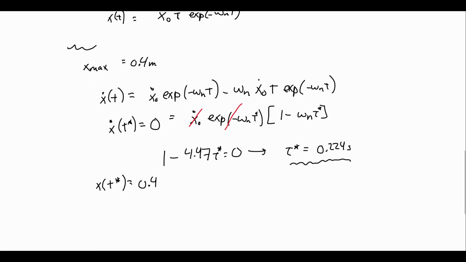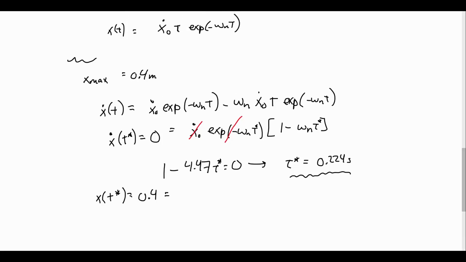And I know from my x of t that that is going to be my x naught dot, which I don't know yet, times t, well t here is t star, so 0.224, times e raised to the negative 4.47 times t star.